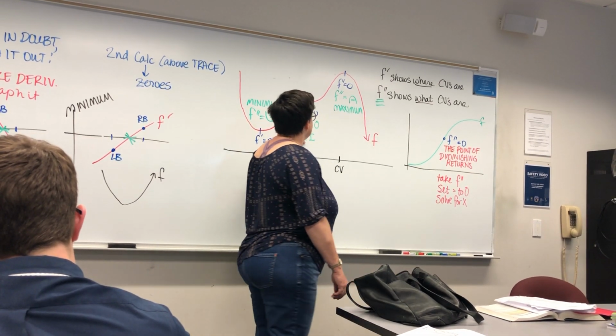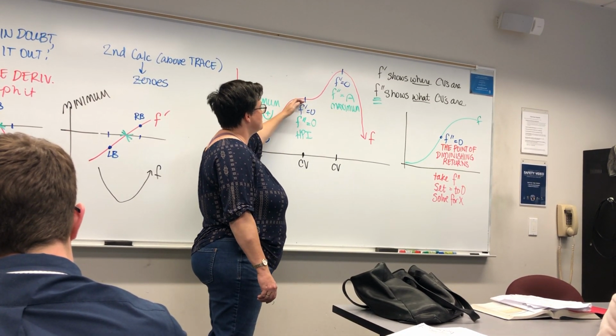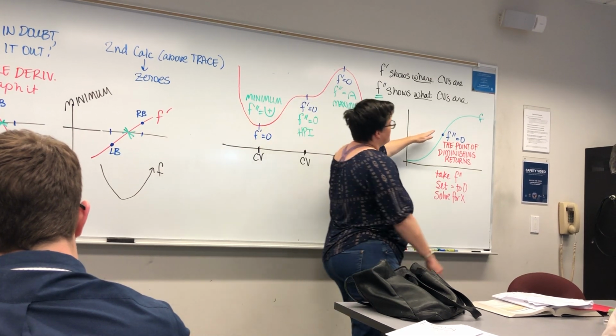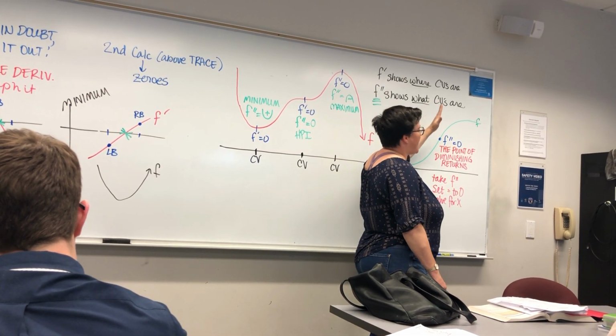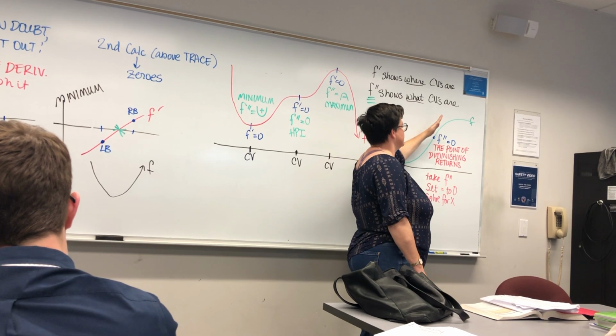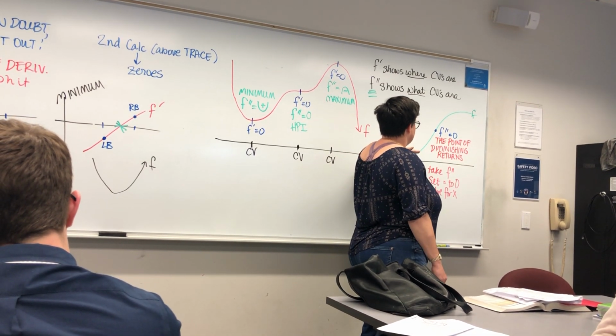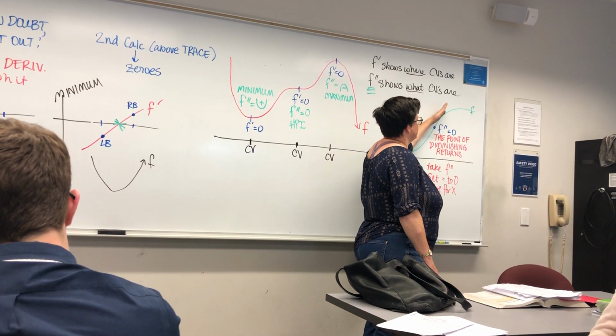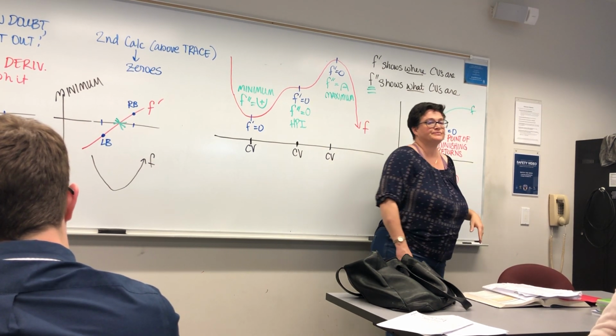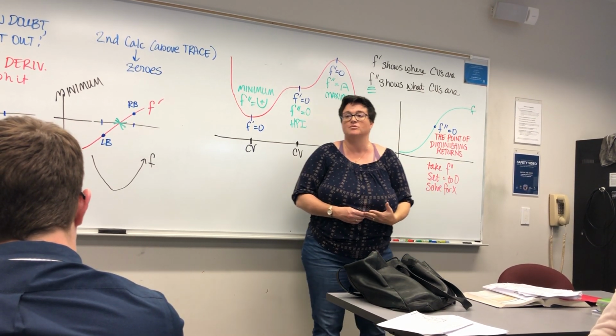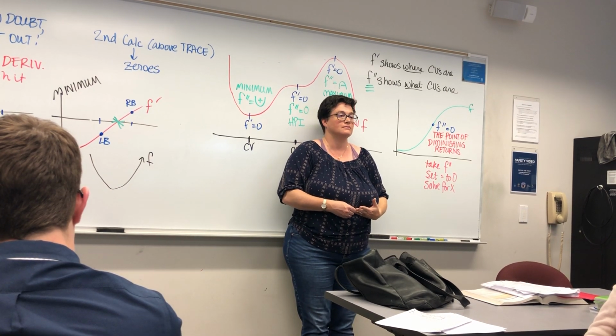So here with the horizontal point of inflection, we have a zero slope. Here, with the point of diminishing returns, we have a maximum slope, you guys. This is the steepest slope on this entire function. It's zero, it goes up, it maximizes, and then it starts slowing down again. So two different types of inflection points, two different results, okay?